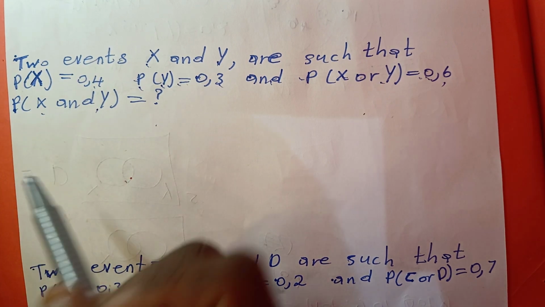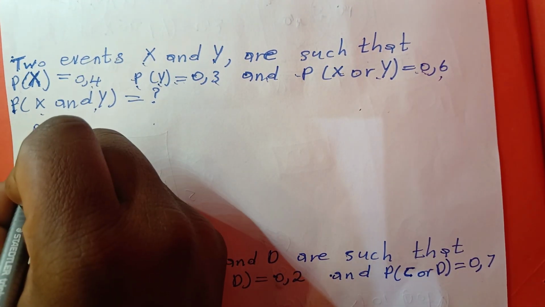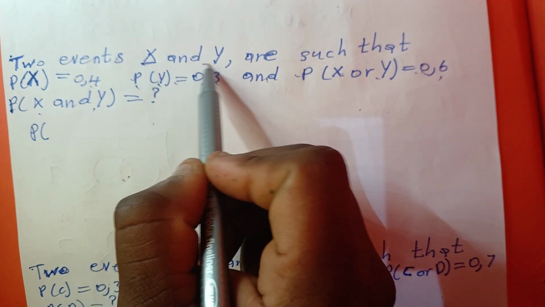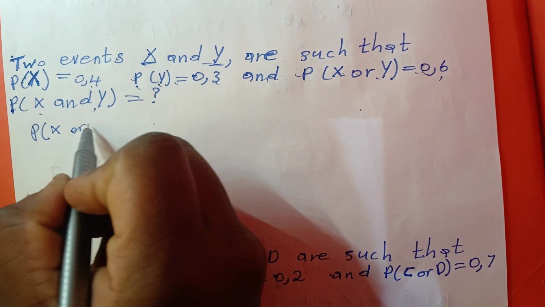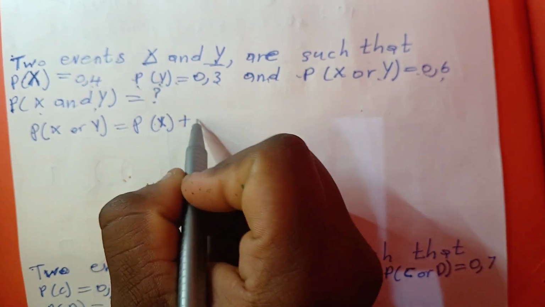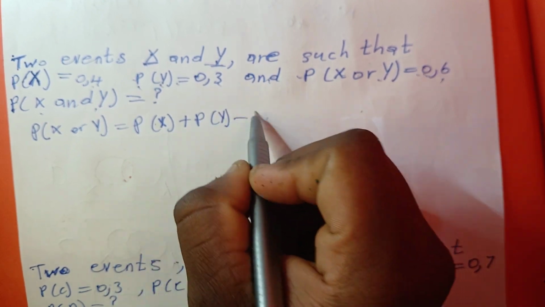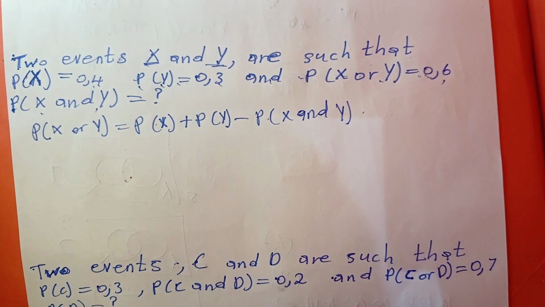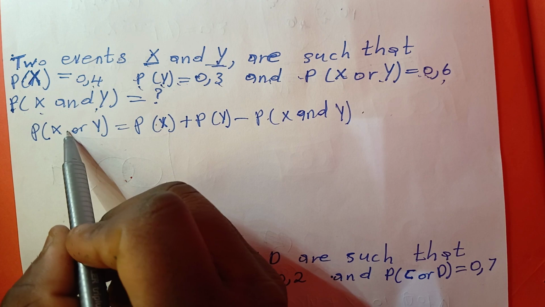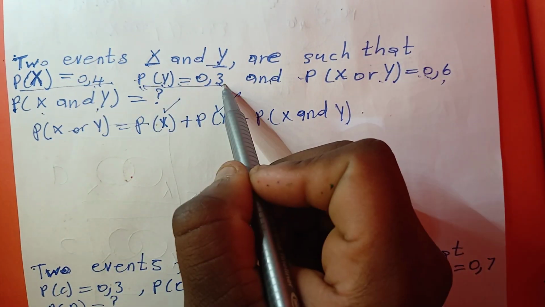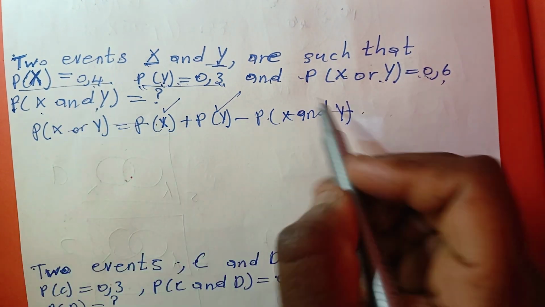So now here, to form the general equation, it won't be based on A and B. We have X and Y, meaning now it will be P(X or Y) is equal to P(X) plus P(Y) minus the intersection of X and Y. Now take what you have. Here, this one I'm given, this one I'm given, and this one is the one I'm looking for.